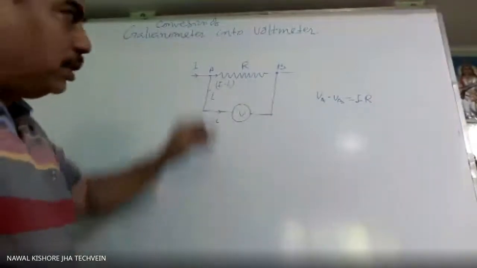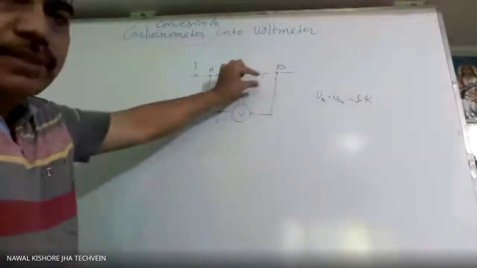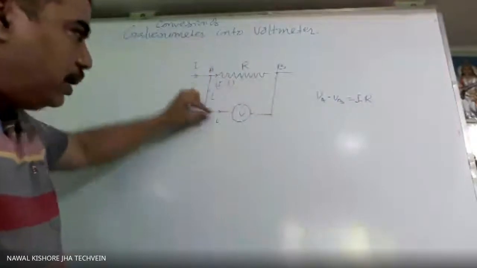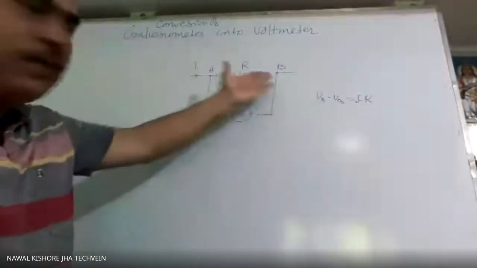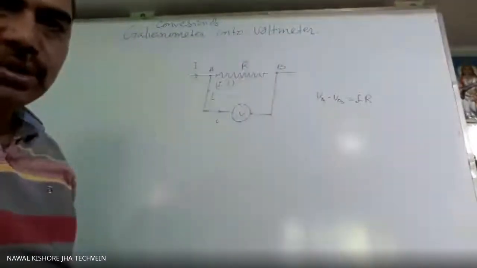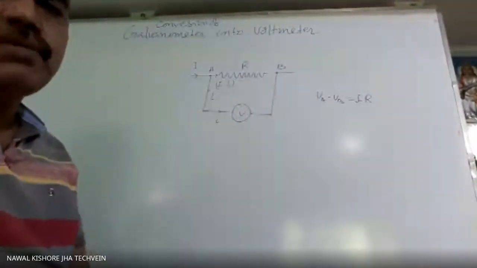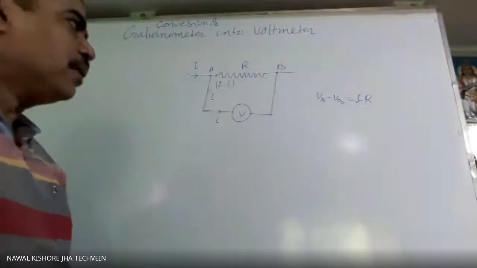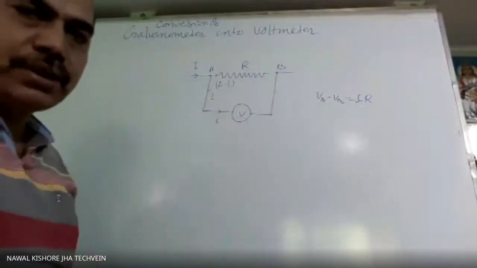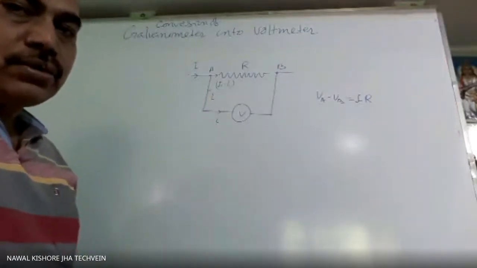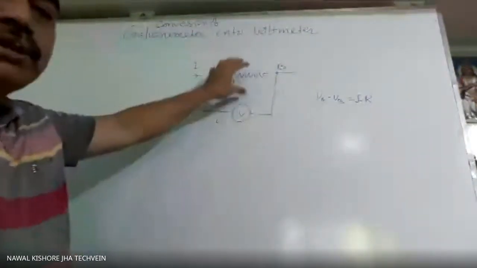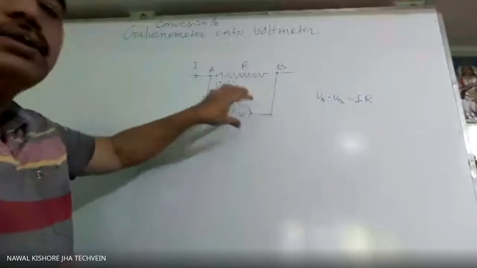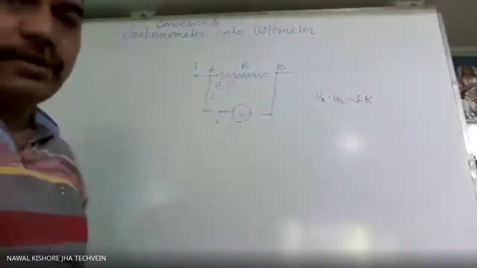If here 1 ampere current is passing through this one and 1 milliampere is passing through this one, still 999 milliampere is passing through this. So the error will be maybe 1% maximum or less than 1%. So for accuracy or for better measurement, this voltmeter's resistance should be very high.